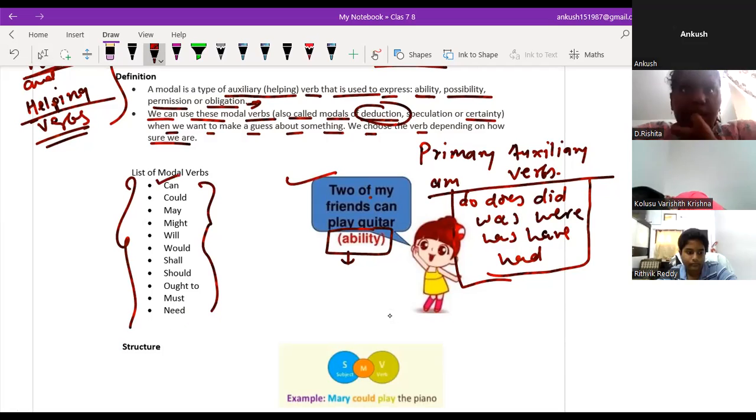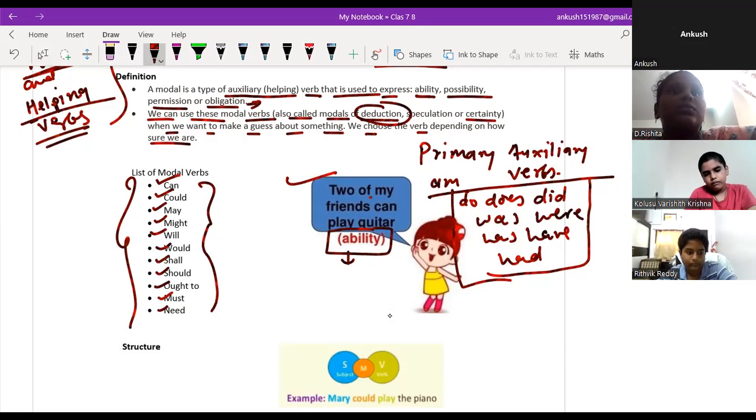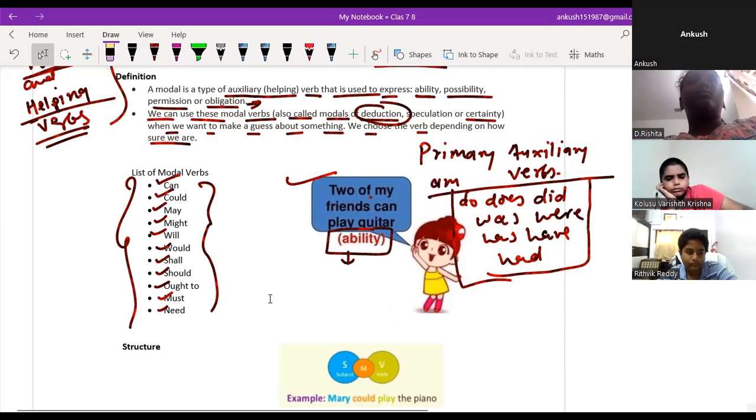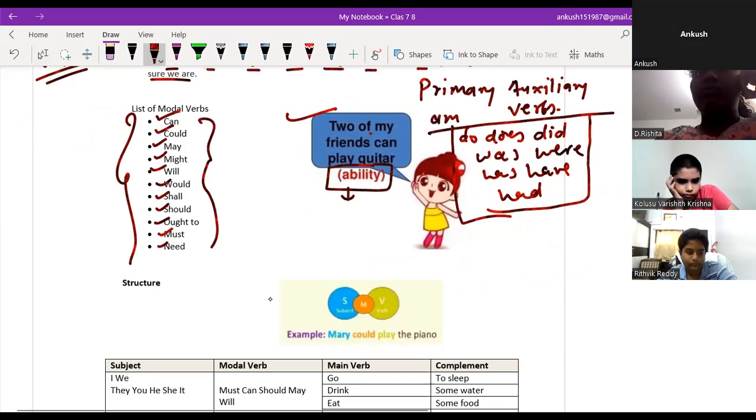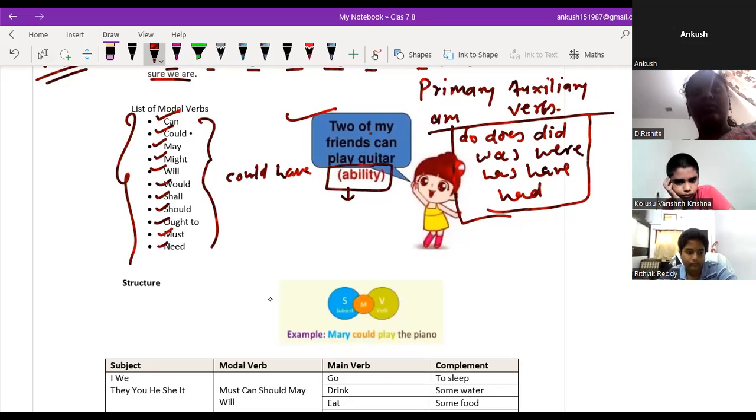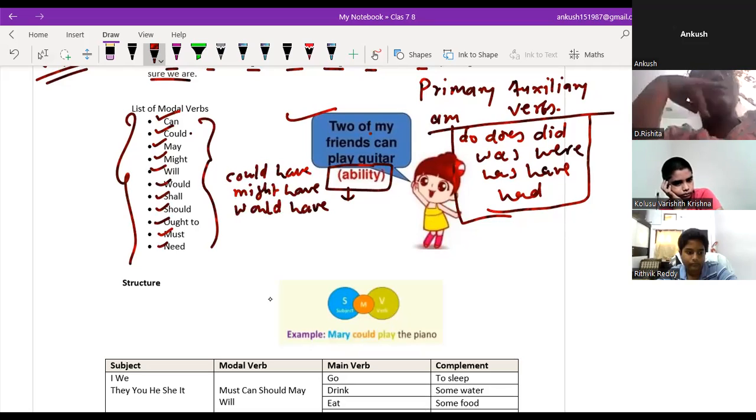See, we'll see about can, could, may, might, will, would, shall, should, ought to, must, need. Even though some modals are not given here, like can or could, it is written. So other helping verbs or modal verbs can be like could have, might have, would have, should have.